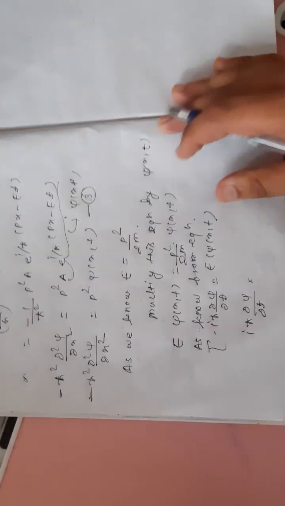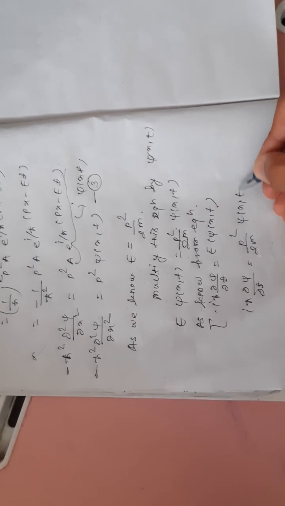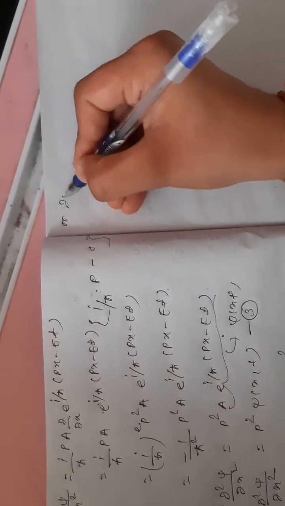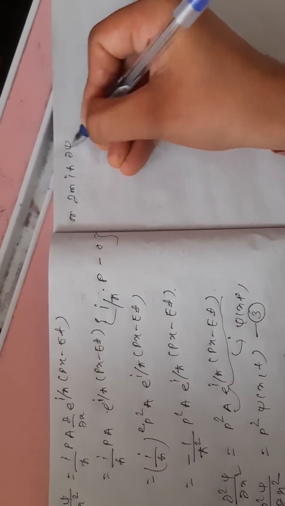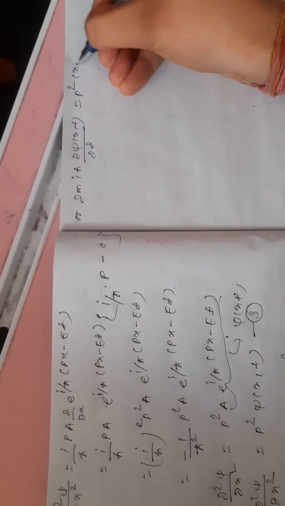So we can write iħ ∂ψ/∂t is equal to p²/2m ψ(x,t), or 2m iħ ∂ψ(x,t)/∂t is equal to p² ψ(x,t).